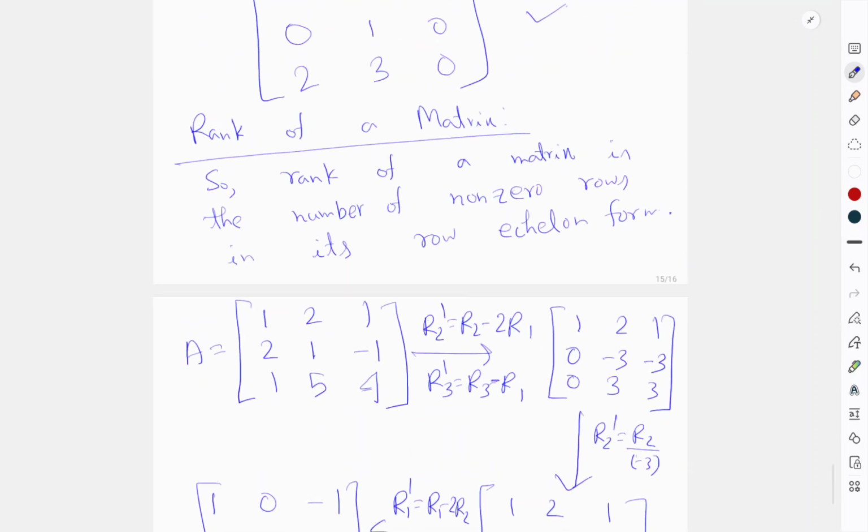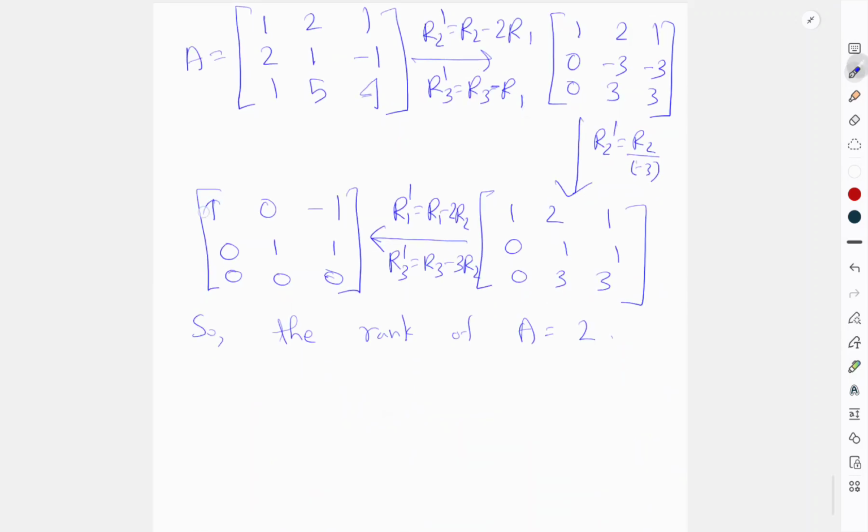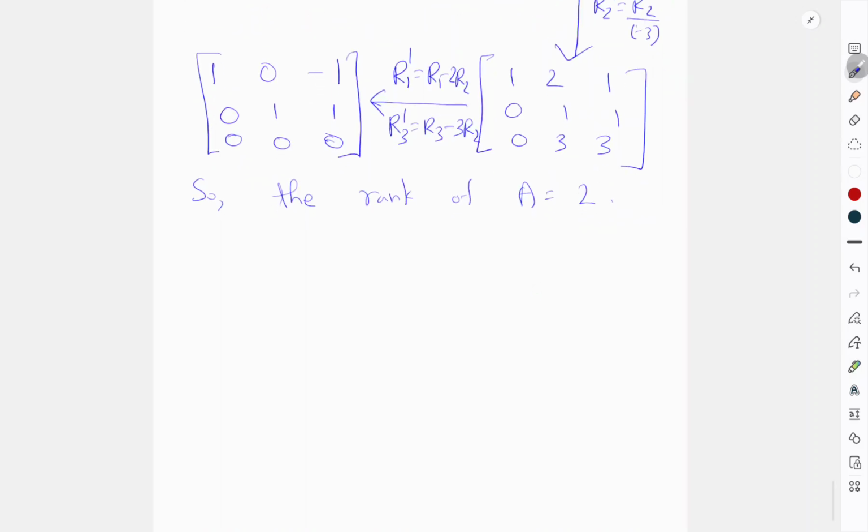There is another definition also: some books write that the rank of a matrix is the number of pivot elements in its RREF, right? Because you see these are your pivot elements, and each non-zero row has a pivot element. So this is also true.